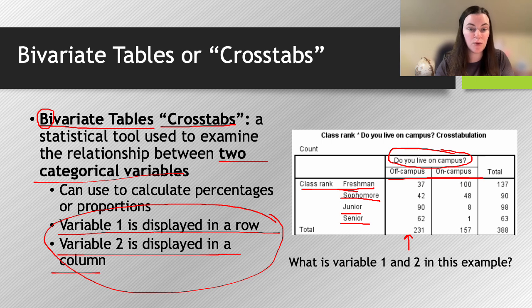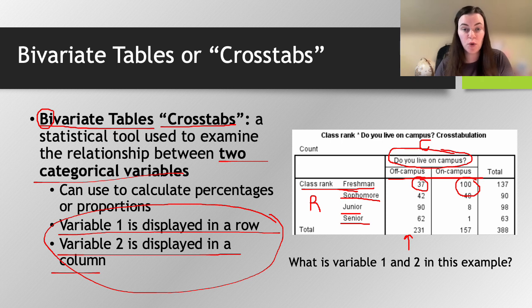Again, in my rows here, let me put a little R to designate that, and here in our columns at the top, we can now compare the relationship between these 2 variables in a pretty easy manner. What we might suspect is that freshmen oftentimes are required to live on campus, and so we can see that, yes, one of our frequency totals is much greater for freshmen who live on campus in comparison to freshmen who don't live on campus.